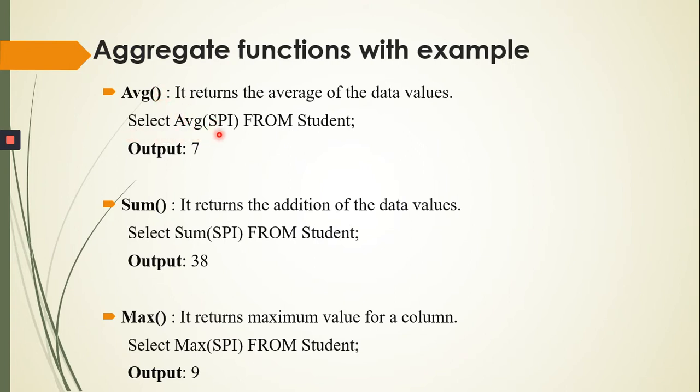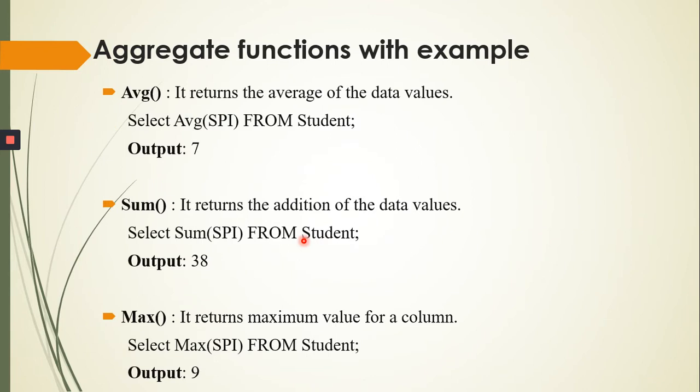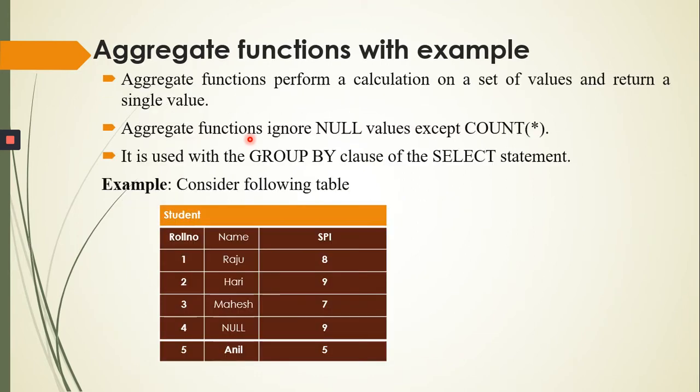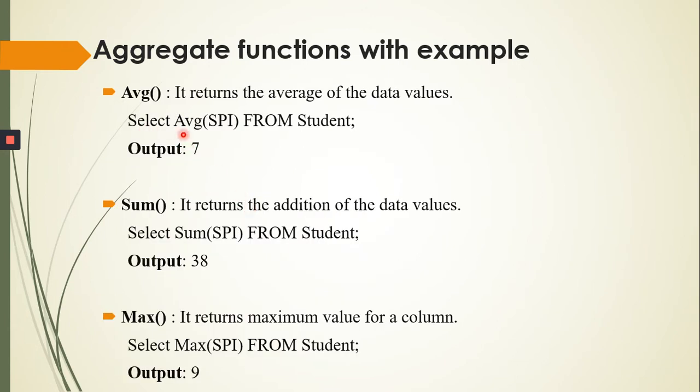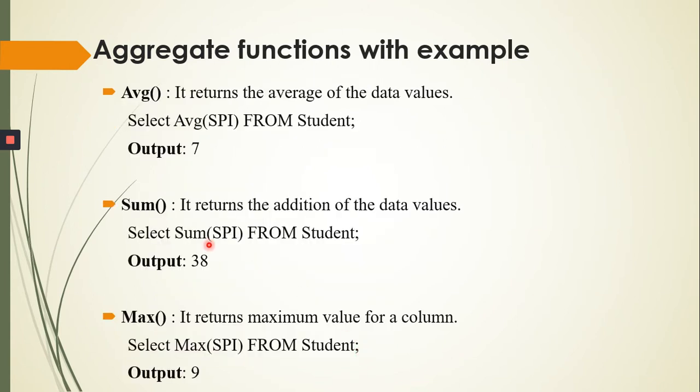In brackets we write the column name, SPI, from the table named student. So the query will be select average SPI from student. It calculates 8 plus 9 plus 7 plus 9 plus 5 divided by 5, and the answer will be 7. So this is the average function.